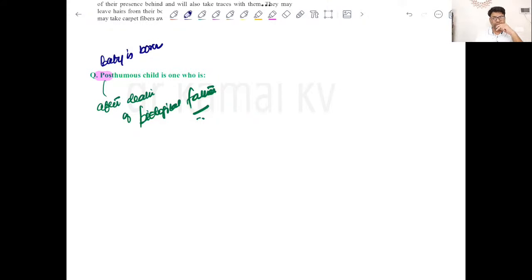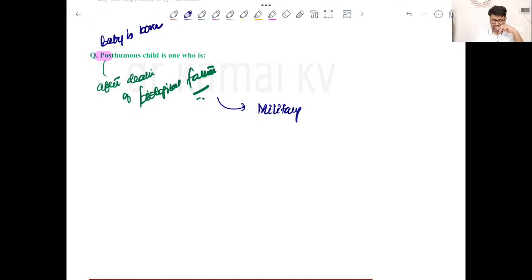So that is posthumous child, right? So it is especially seen in military or other defense setups. The wife was already pregnant, and later on the father was killed or died, whatever. So this is posthumous child.